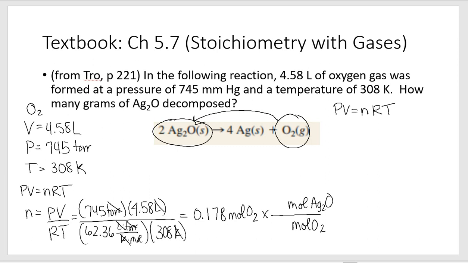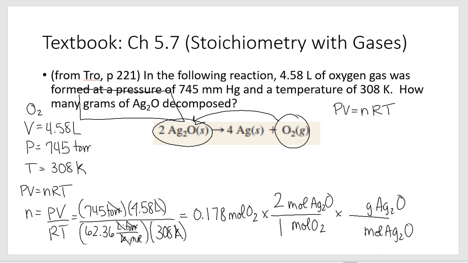From this equation, for every 1 oxygen, we have used up 2 silver oxides. The question asks for grams silver oxide, so I'm going to do one more step. I'm going to convert from moles silver oxide to grams silver oxide.